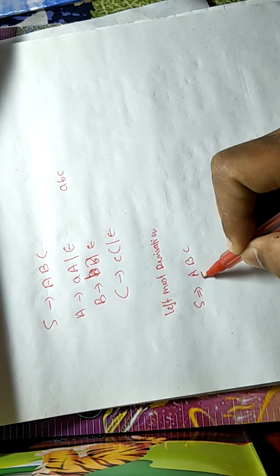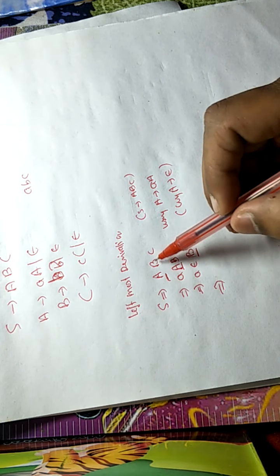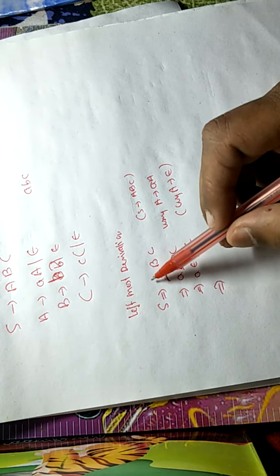Now replacing this A by epsilon because it is on the left, using A tends to epsilon. I have the choice to replace A, B and C, and I am replacing A only.